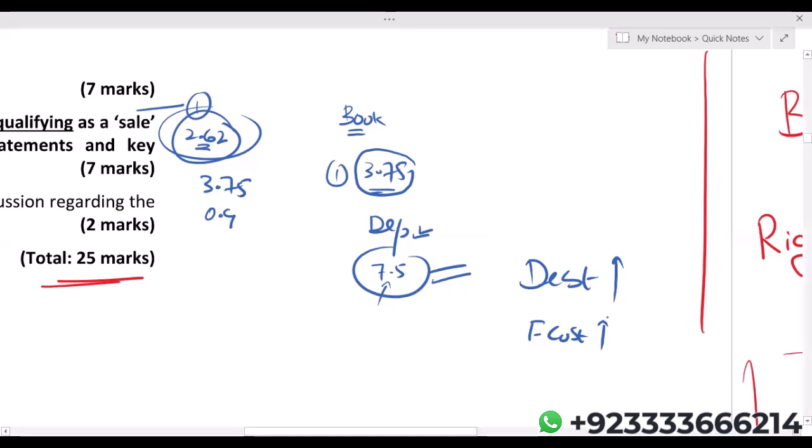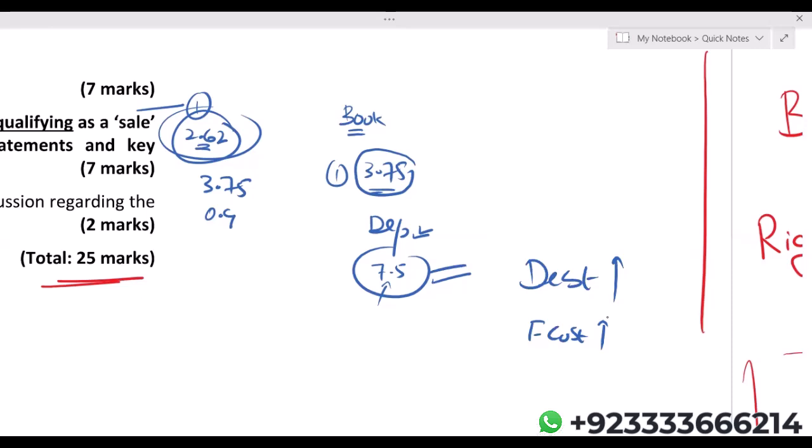So let me repeat. If transfer qualifies as a sale in the financial statement, there will be a gain on transfer. Second, property, plant, and equipment 3.75 will be de-recognized. Right of use asset 2.62 will be recognized. And 2.62 will be depreciated over the lease term.